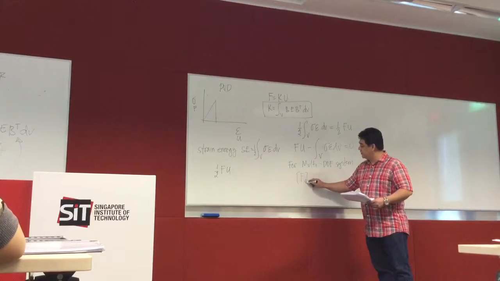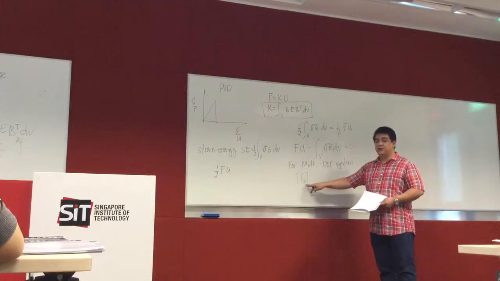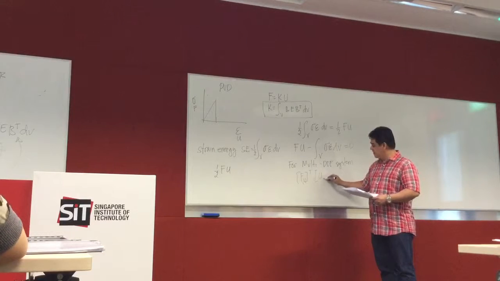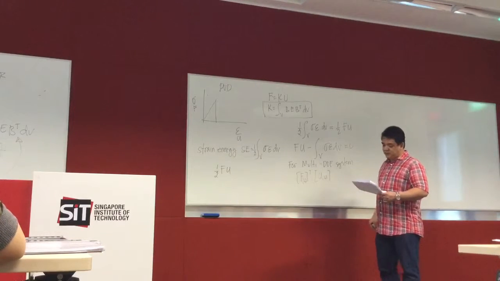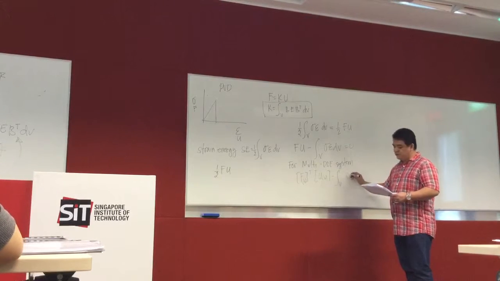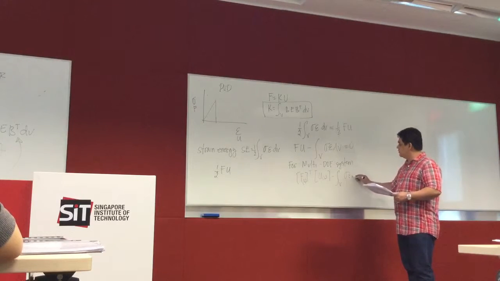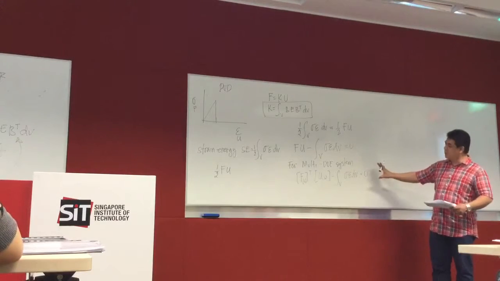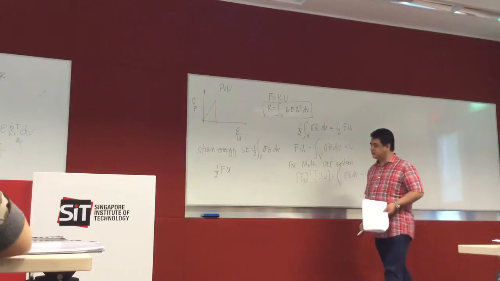So I'm just going to put I there for the nodes, because you have lots of nodes there. And this is to be multiplied by your displacement. And then the same, no change here. Volume integral of your stress strain dV equal to 0. So this will be your general equation.